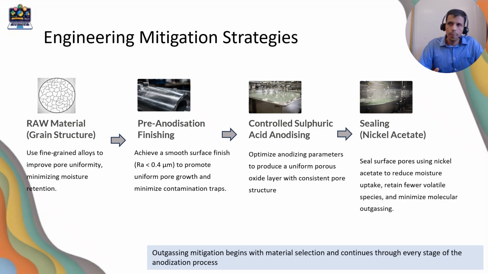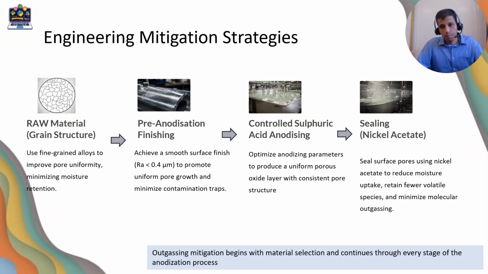Mostly hot water sealing and nickel acetate sealing are used, but compared to nickel acetate, hot water sealing introduces the risk of boehmite hydration. It is better to go with nickel acetate sealing, which helps reduce haze formation, especially on optics, called boehmite hydration.